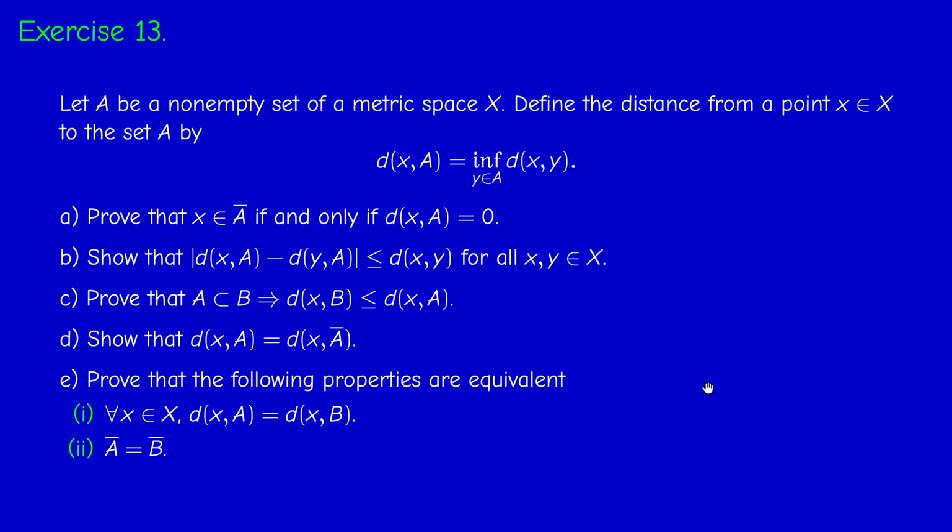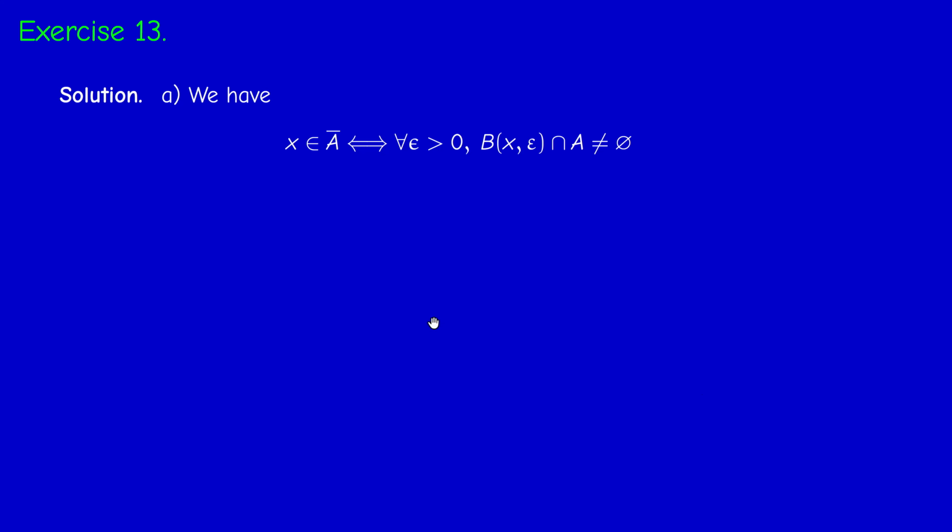Okay, so first question. Maybe it's preferable to split the equivalence into two implications, but I did it here as a series of equivalences.